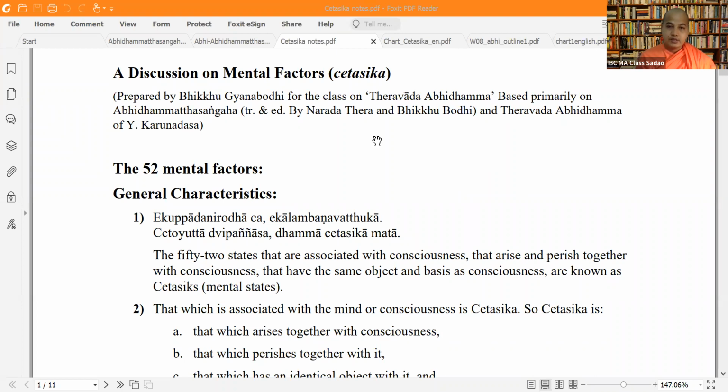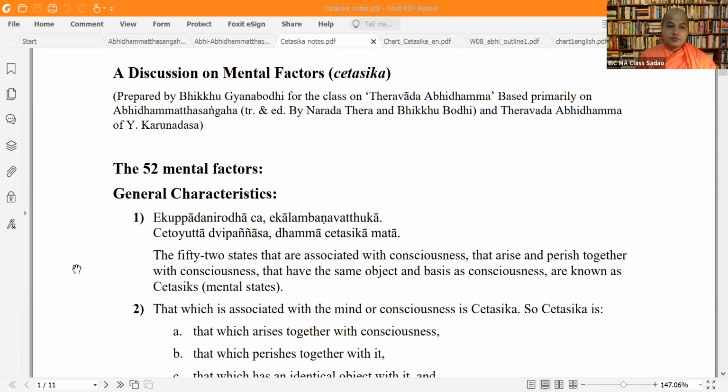There are different types of Chitta. Some are Kusala, some are Akusala, some are Paramatta Chitta, some are Jhanik Chitta. Depending on the type of Chitta, the Cetasikas that arise are also different, right?